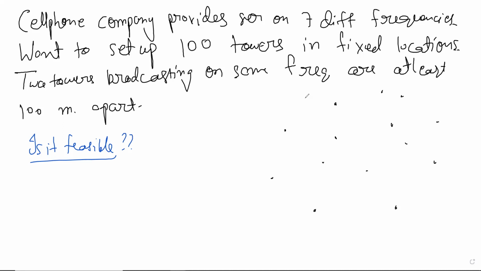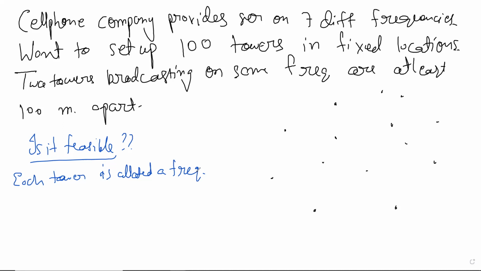Obviously, to each tower I have to allot a frequency. So I only have 7 frequencies. Can I use 7 frequencies to set up 100 towers and allot frequencies to them?